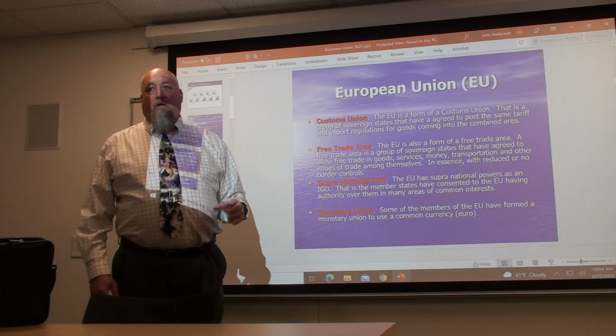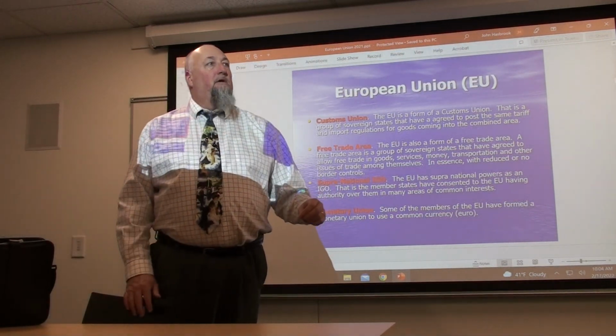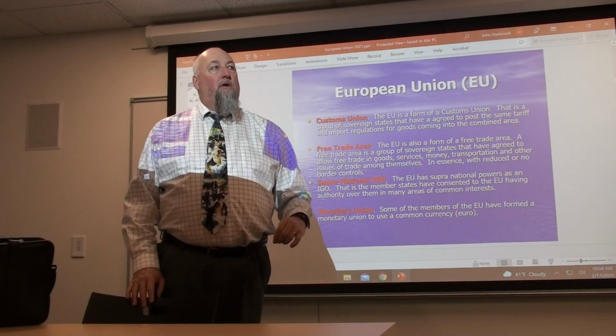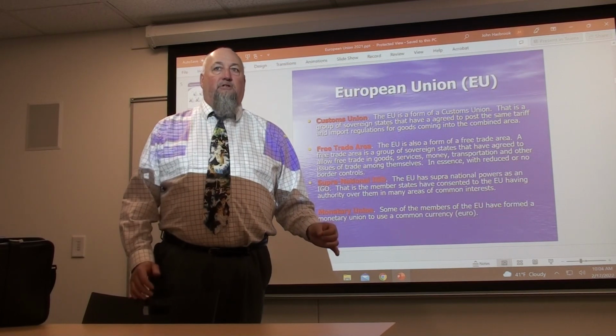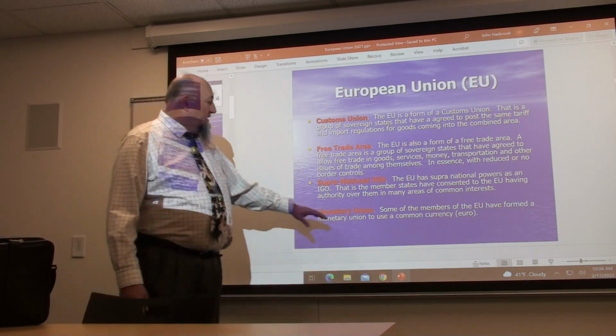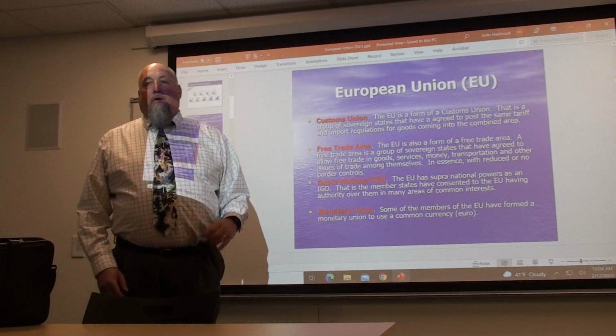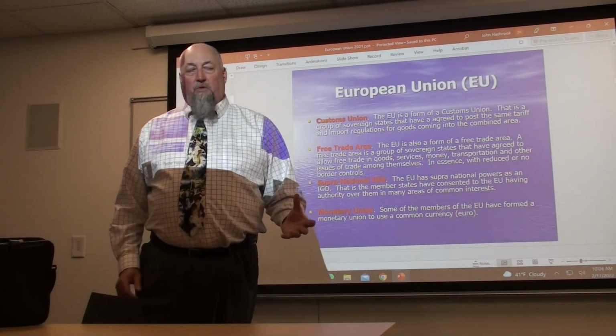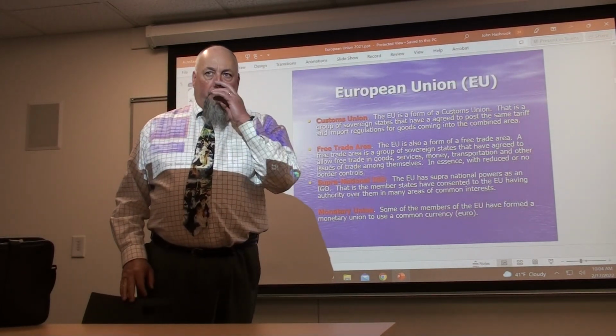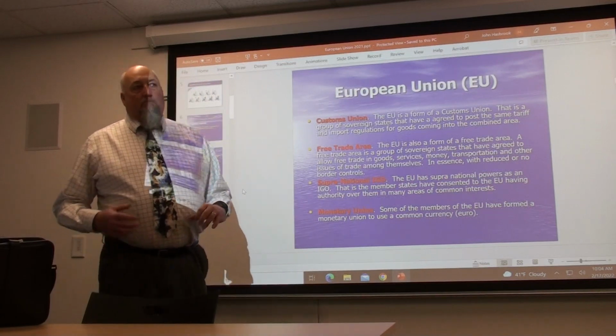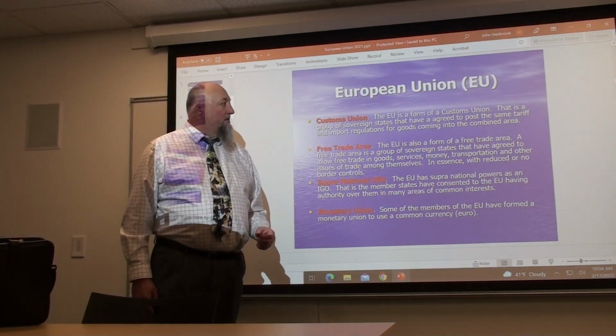Supranational IGO, meaning the organization takes on federal-like powers, including the power to legislate in certain areas. And then finally, a common currency, which is not shared by all the European Union members. It's up to them if they want to, but most of them have adopted the euro, of course.